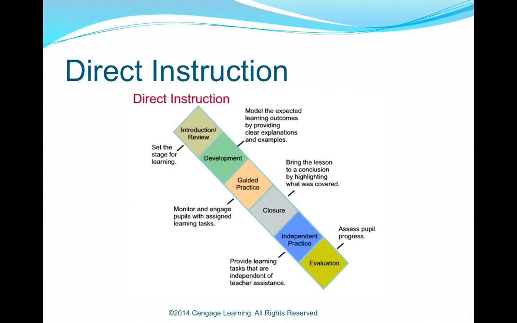Then you bring that information together in some type of closure, and then move to independent practice, and then evaluation. So that independent practice is happening outside of the classroom, and that evaluation is usually happening after that particular day's lesson. So what you want to make sure you have during that direct instruction are the first four components listed there: introduction, development, guided practice, and closure.